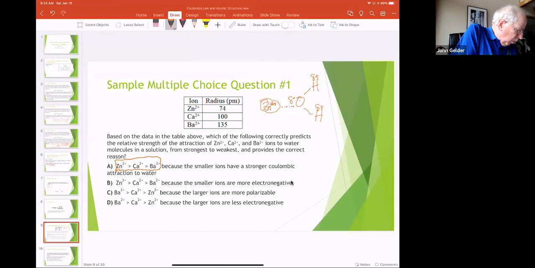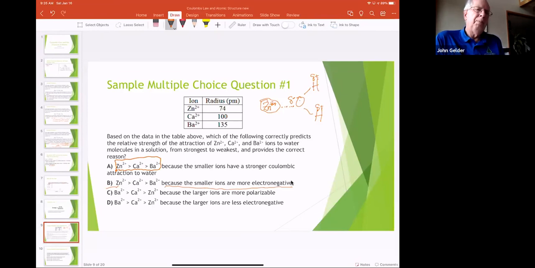Now, choice B, which did get a few votes, has the correct energy order, relative strength, but the explanation for that ordering, while it is attractive, really, when we've only talked about electronegativity in class, I don't think any teachers have been talking about the electronegativity of ions.